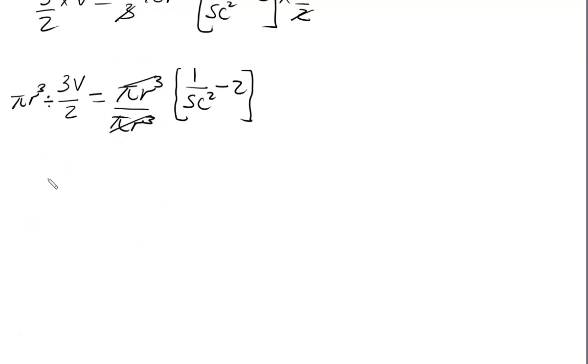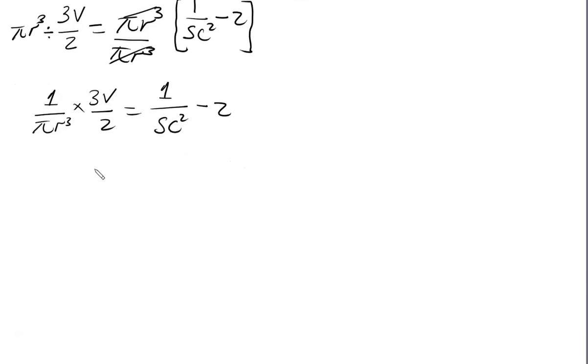Division is the same as multiplication by the reciprocal, so it will be 1 over pi r cubed times 3v divided by 2, which equals 1 divided by sc squared minus 2. Perfect. So this can be multiplied, the top with 3v divided by 2 pi r cubed, which equals 1 minus 1 divided by sc squared minus 2.